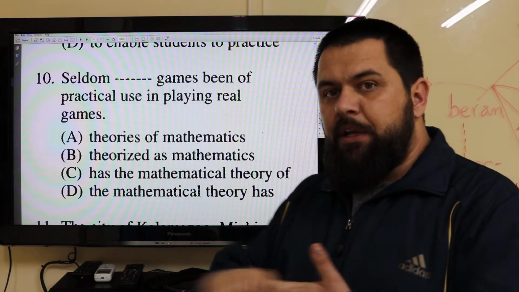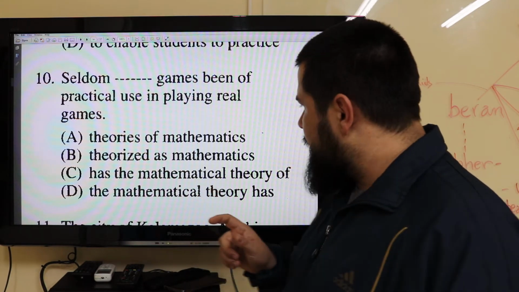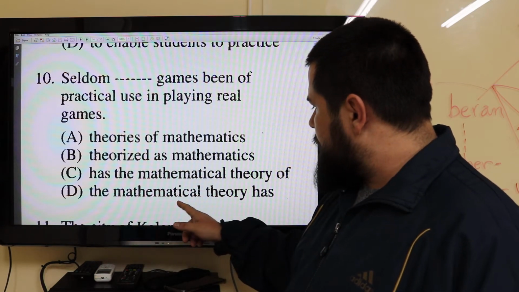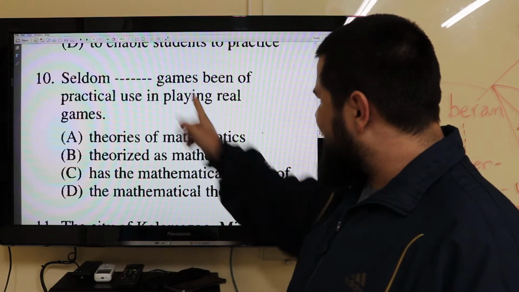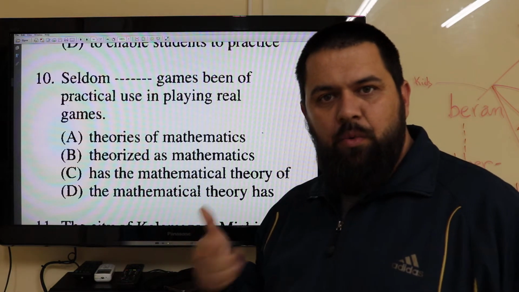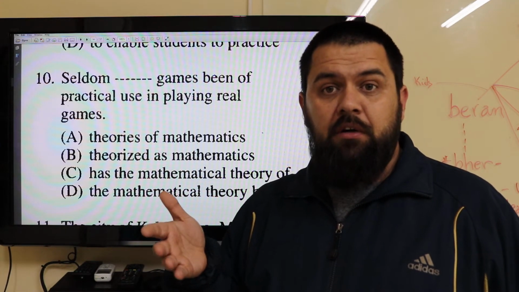First of all, here there is some connection missing, you know? Seldom the mathematical theory has games been. After "has" you would expect the verb, right? Of course, with the exception of questions.